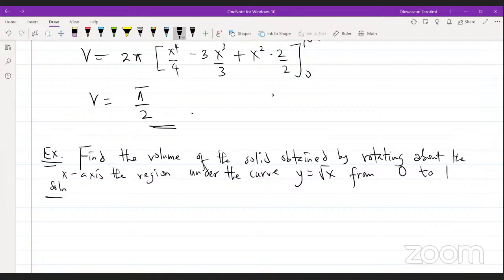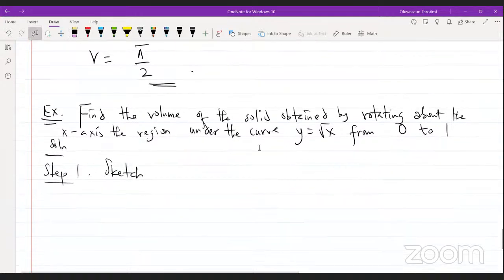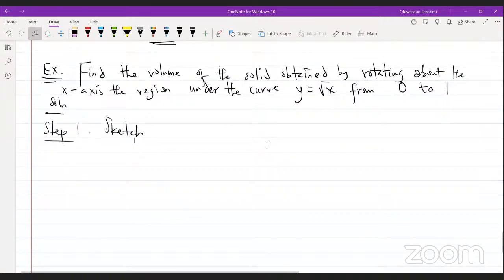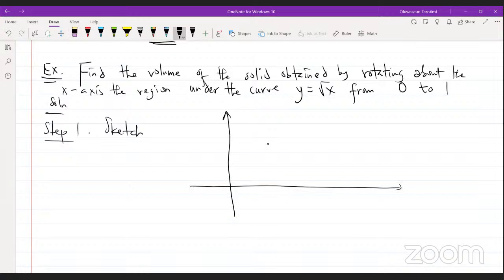So solution, okay. Remember, I try to fix my step 1 as a sketch. When you sketch the geometry, you actually understand what is going on. So in this case, I have to take note of the keywords, right? I'm rotating about the x-axis. Okay, so that has an implication. What's the implication, guys? Remember, your shell has to be parallel to the x-axis.